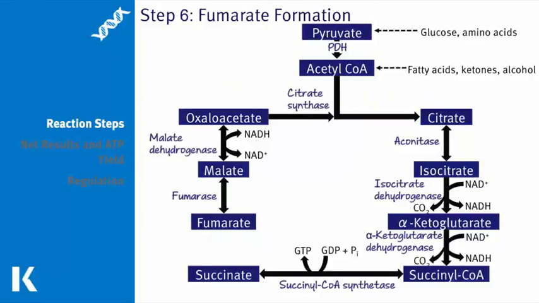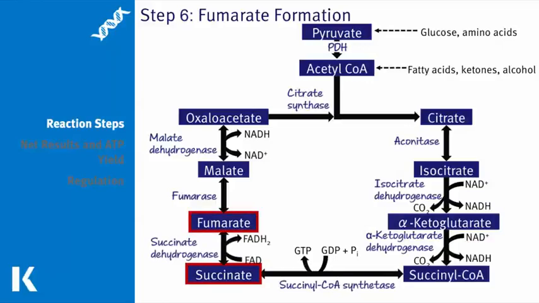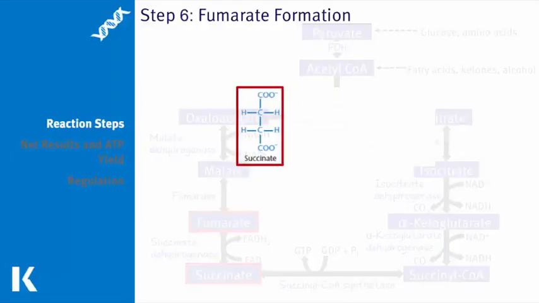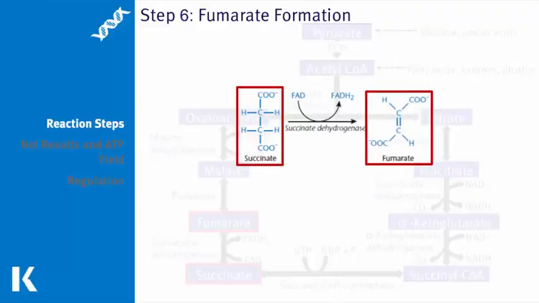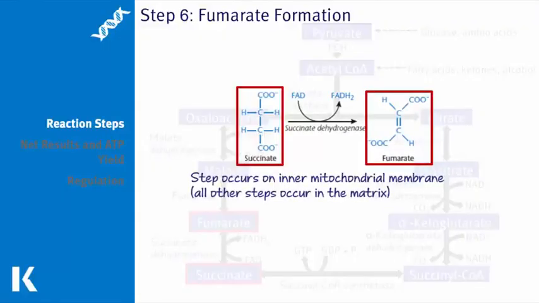Following succinate formation is fumarate formation, which uses a dehydrogenase enzyme again. This means that another energy carrier will be produced. In this reaction, succinate and the succinate dehydrogenase enzyme produce fumarate. This is the only step of the citric acid cycle that occurs on the inner mitochondrial membrane, while all the other steps occur in the mitochondrial matrix.